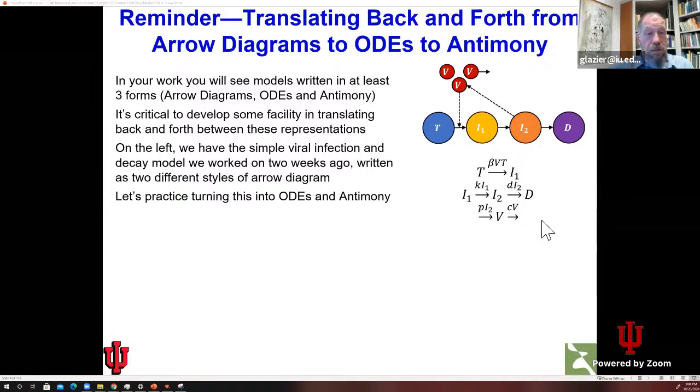And one of the things that you're going to have to do repeatedly, especially in projects, is translate back and forth between the various kinds of notation, whether it's going from a diagram like the one at the top or a diagram like the one below it to ODEs, from ODEs to an arrow diagram, from either an arrow diagram or ODEs to antimony, or sometimes from antimony back to ODEs or arrow diagrams.